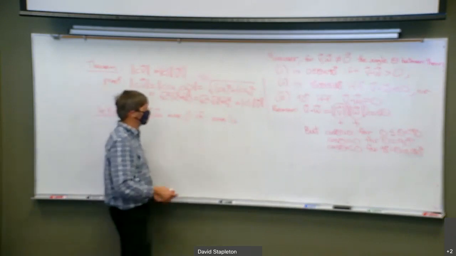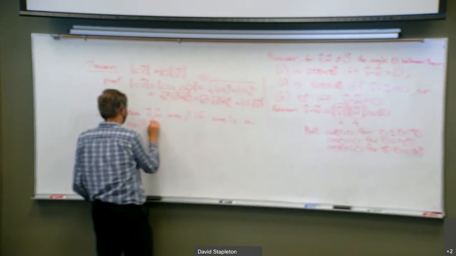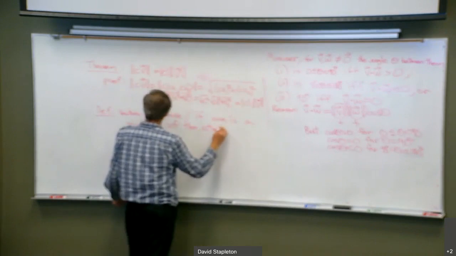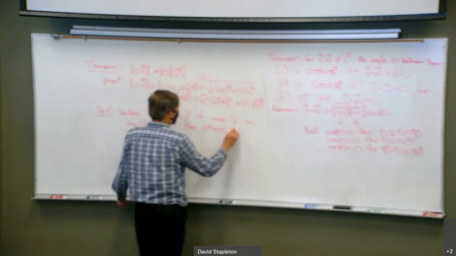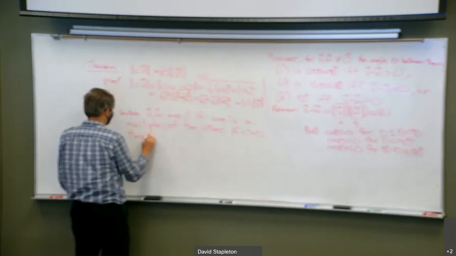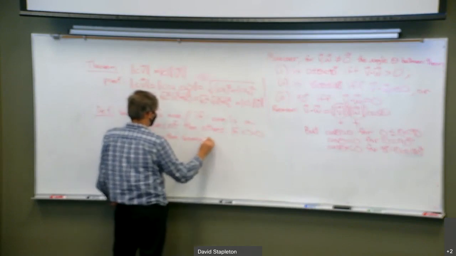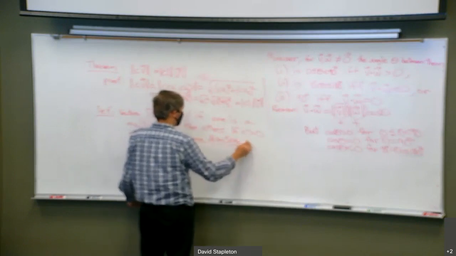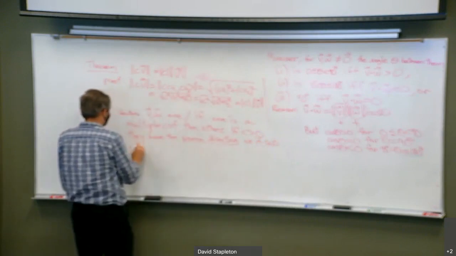So let's say at least one is a multiple c of the other. And then if c is greater than 0, they have the same direction, or if c is less than 0, they are opposite direction.